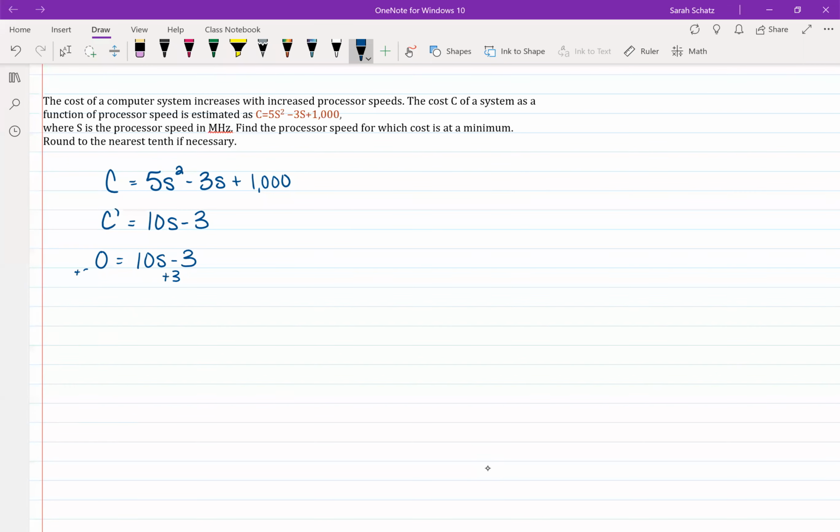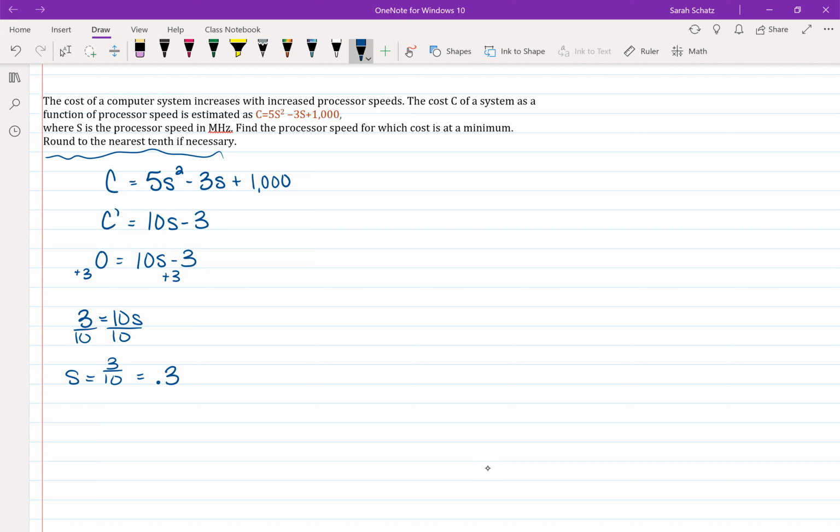Add 3 to both sides and get 3 equals 10s. Divide by 10 and get s equals 3/10. Because it says to round to the nearest tenth, your answer on this one will be a decimal. So I'm going to call that 0.3. So this is your critical point.